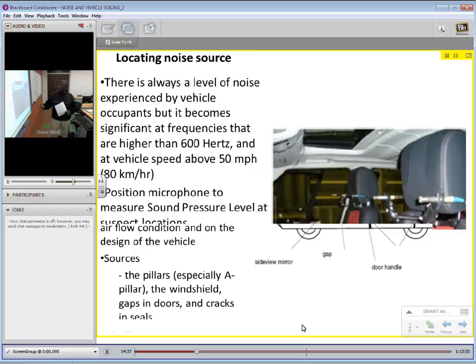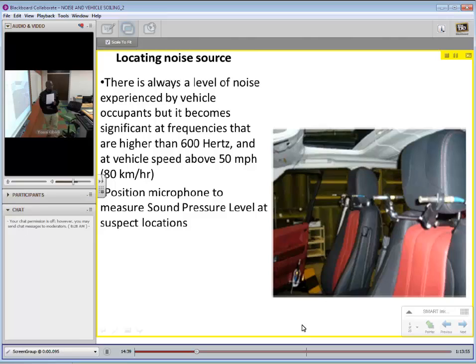Let's look at one of the ways to locate a noise source. We have a microphone right here, placed on the seat, and it represents a person.